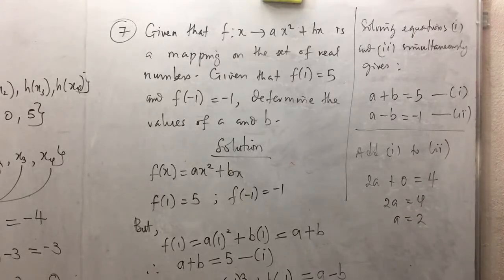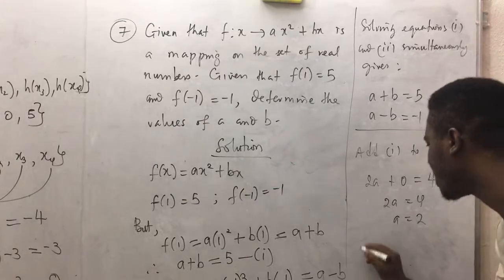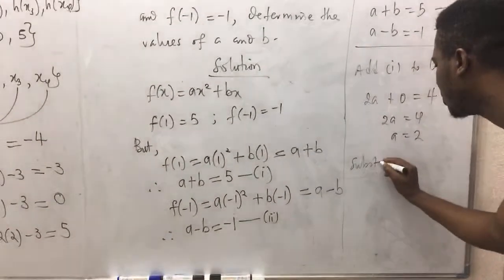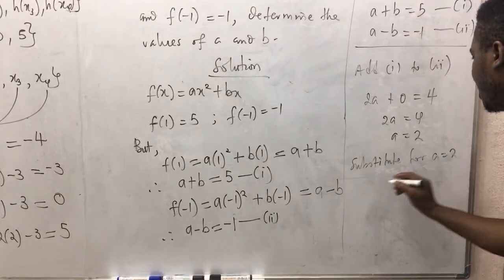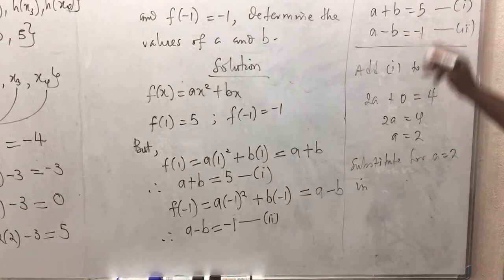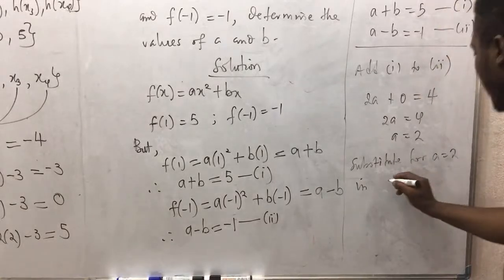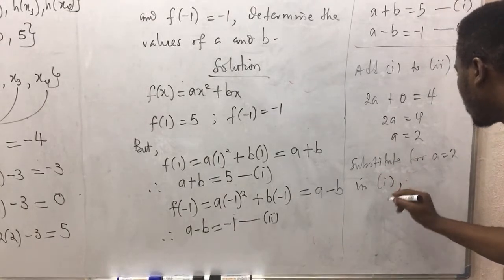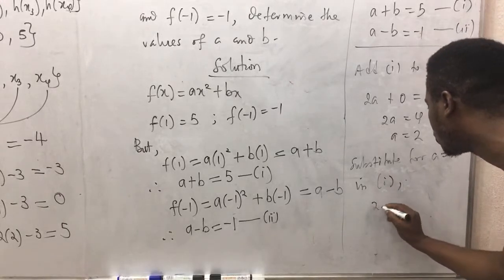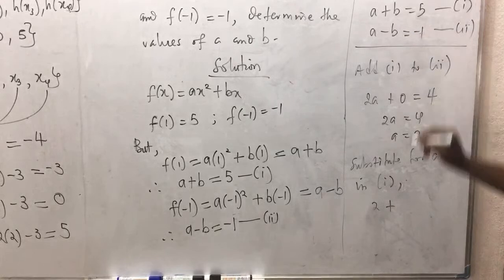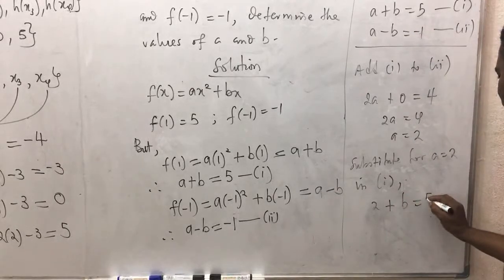Now, once you obtain the value of a to be 2, you will go further to substitute a equals 2 in, say, equation 1. When I do, I'm going to have a, which is 2, plus b equals 5.